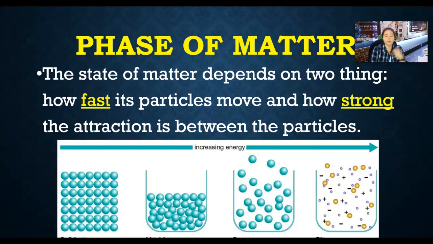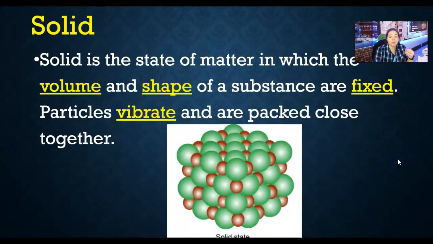All right, so what does that have to do with phases of matter? The state of matter depends on two things: how fast those particles are moving, kinetic theory, and how strong the attraction is between those particles. And so right here, as you see increasing energy, how fast they're moving, as it increases, you have solids, then liquids, then gases, and then plasma.